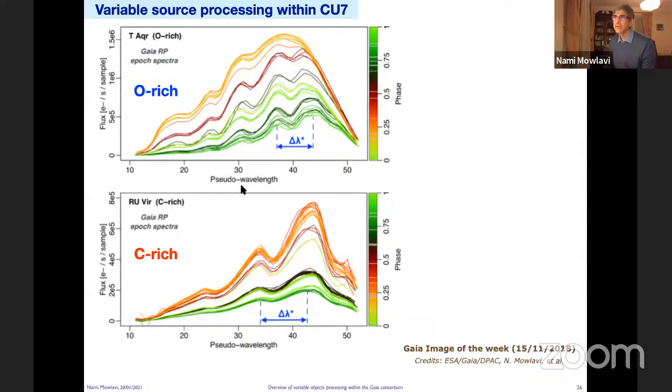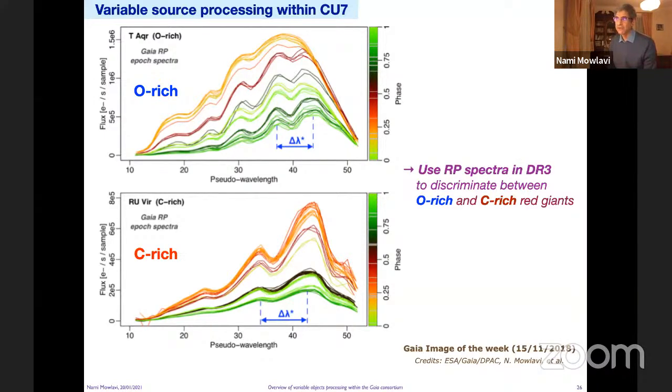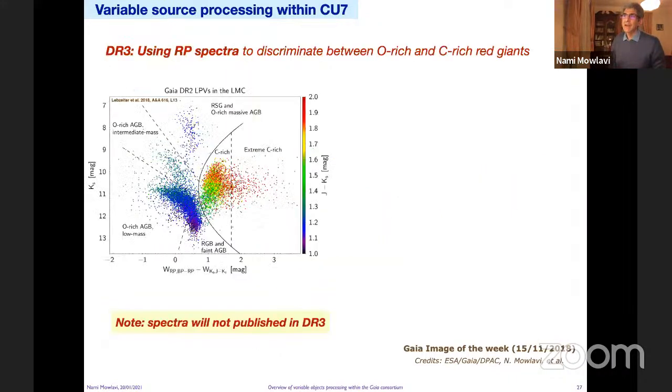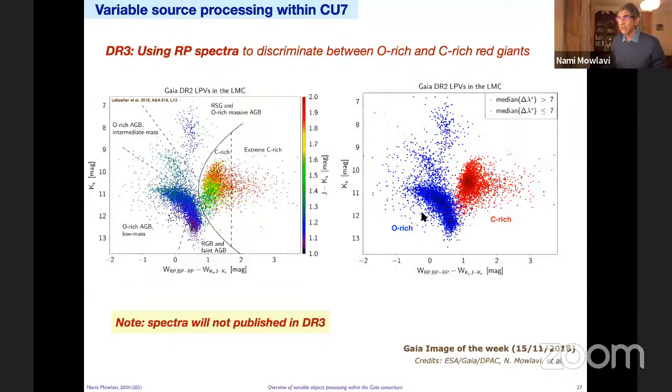And typically you see that the shapes are different, and we use this shape actually to discriminate between oxygen and carbon-rich red giants in DR3. And as an example, this is showing a distribution of stars in the Magellanic Clouds. Those are all long period variables, and without going into the details, basically, these are carbon-rich and oxygen-rich stars. And if we apply our technique that we want to use for DR3, we can distinguish between these two very nicely.